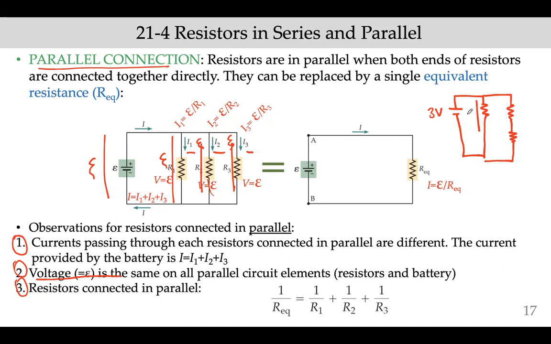So here the voltage on it will be 3 volts as well. Now if you come to this point, here 3 volts is actually from here to here. So it's not 3 volts on each one. So the total is 3 volts.